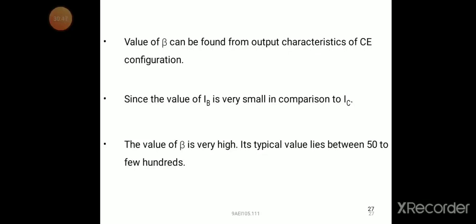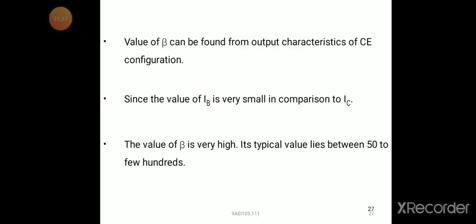Since the value of IB is very small compared to IC, microamps against milliamps, the value of beta is very high. Its typical value lies between 15 and a few hundred.